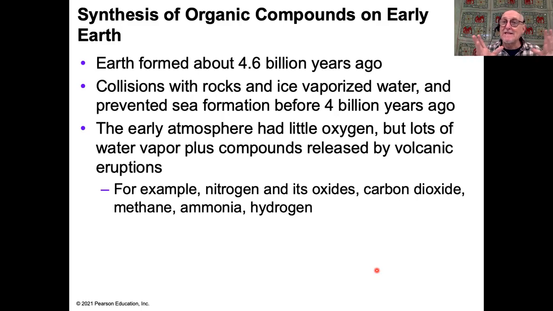And it slowly accreted together as gravity pulled the particles together. For a very long time, it was bombarded by meteorites, by material flying in from space. And it was rather a loose accretion of particles smacking into one another continuously. Those collisions all generated heat. So the initial Earth became molten.